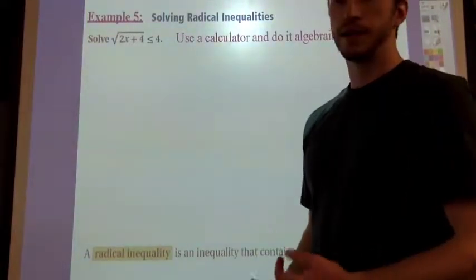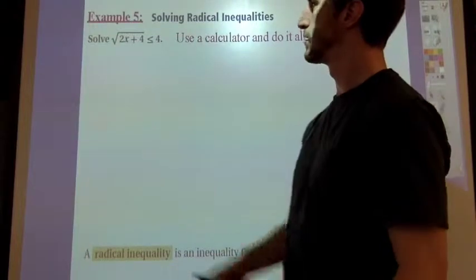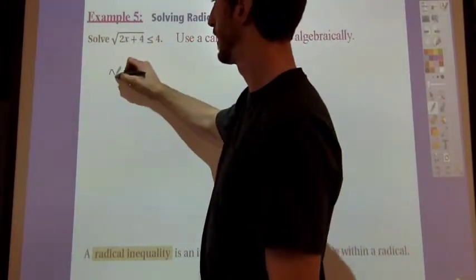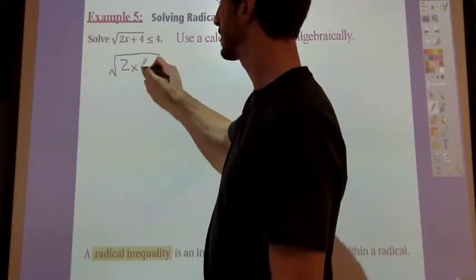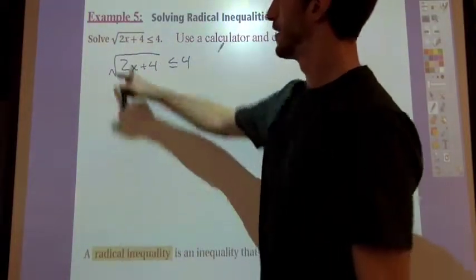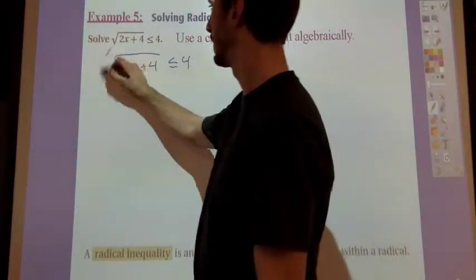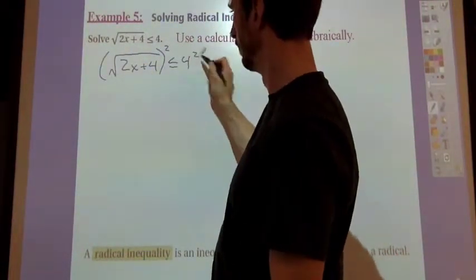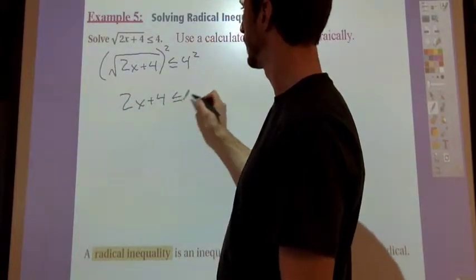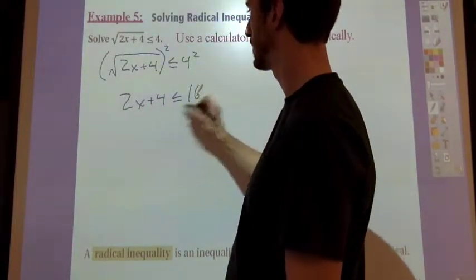First thing that we're going to do is solve for this x. So we've got the square root of 2x plus 4 is less than or equal to 4. Let's get rid of this radical. We'll square both sides. And we get 2x plus 4 is less than or equal to 4 squared, which is 16.